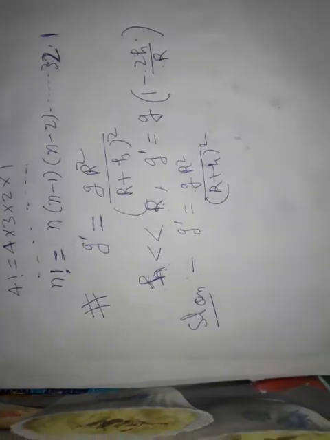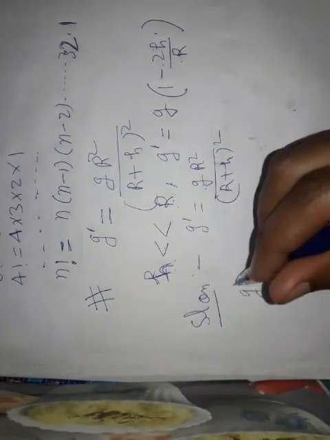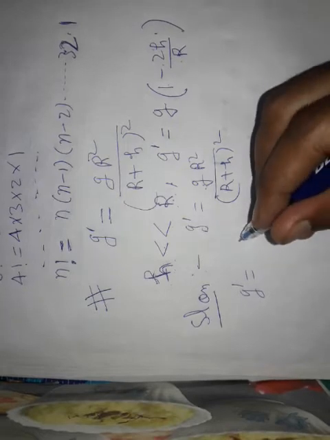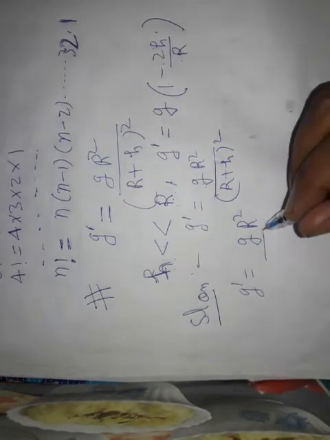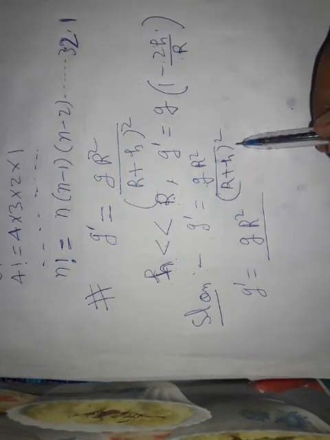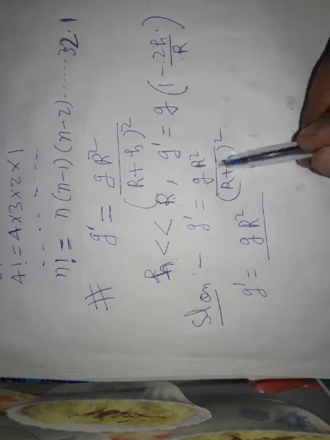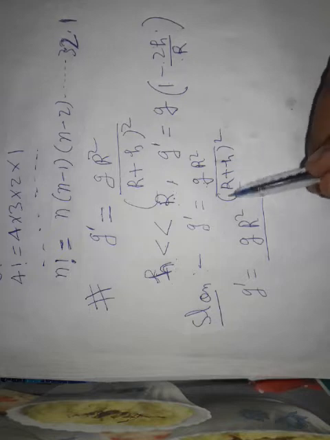So we can write g dash equal to g R square, and in the denominator R plus h whole square, we can take R common from this denominator.